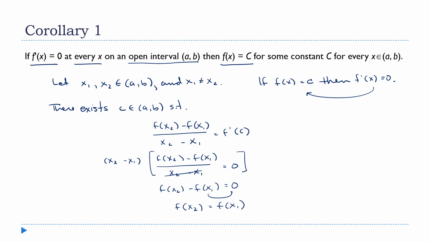Okay, so that's nice. Right now, if I want to summarize this, we've shown that f of x equals a constant if and only if f prime of x equals 0, right? It goes both ways.